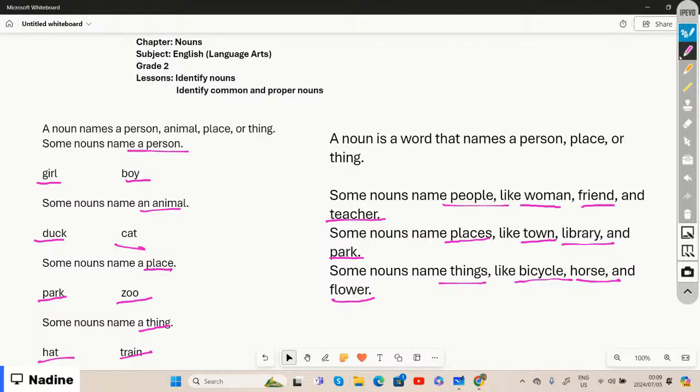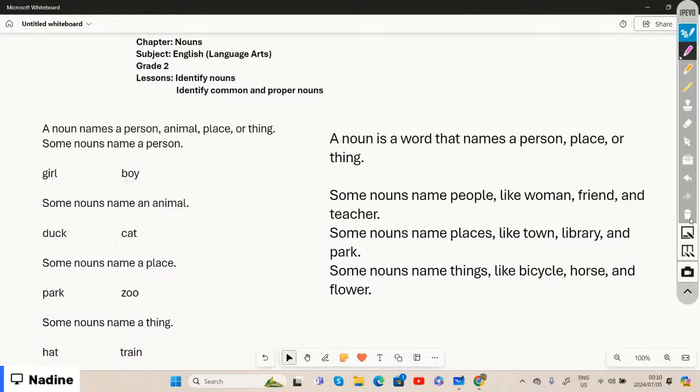And so during this lesson, we are going to identify our nouns within a sentence, and we are going to identify if it is a common noun or a proper noun. So we are now going to see what is the difference between a common noun as well as a proper noun. But before, let's go to a+students.ca, because there we are going to identify nouns.